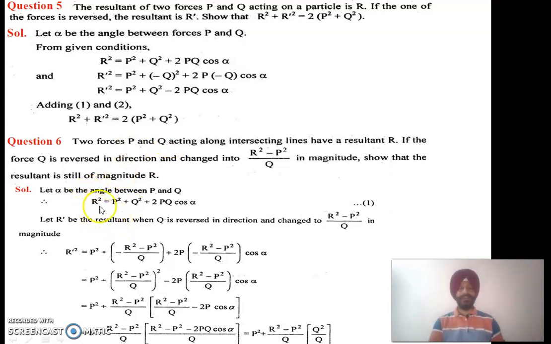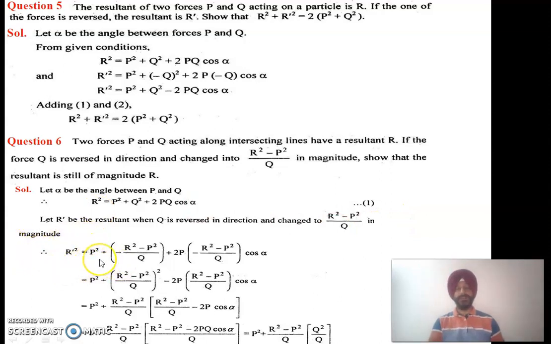First case is R square is equal to P square plus Q square plus 2PQ cos alpha. Now the resultant becomes R dash, and Q is reversed, R square minus P square by Q in magnitude, but in direction also.